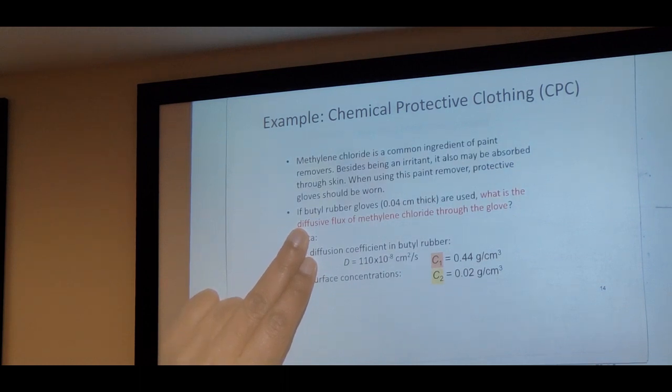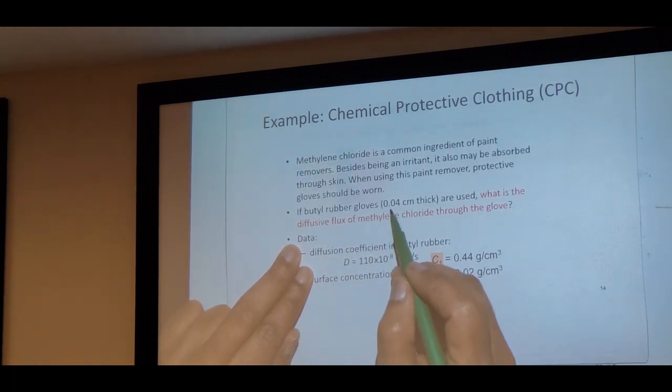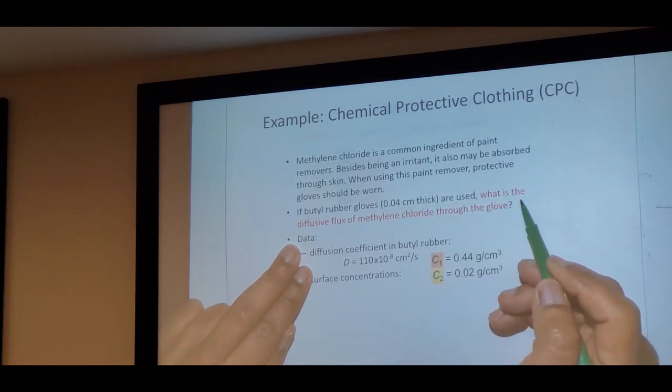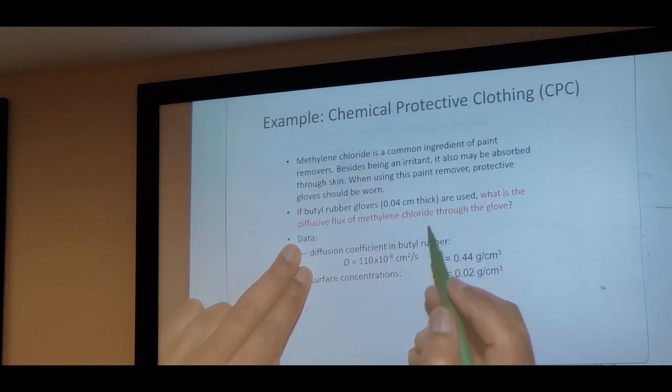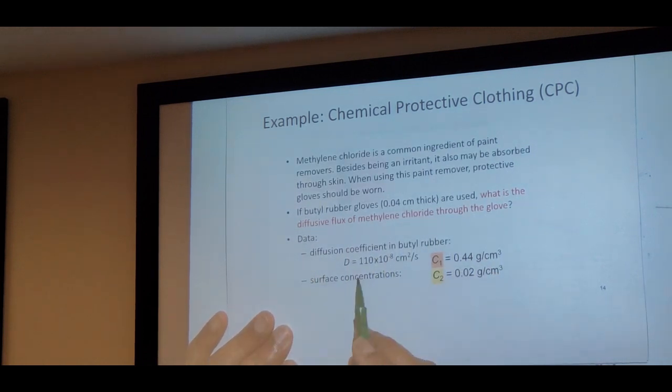If butyl rubber gloves of thickness 0.04 centimeter are used, what is the diffusive flux of methylene chloride through the glove? The diffusion coefficient in butyl rubber is given, and the surface concentrations C1 and C2 are given.